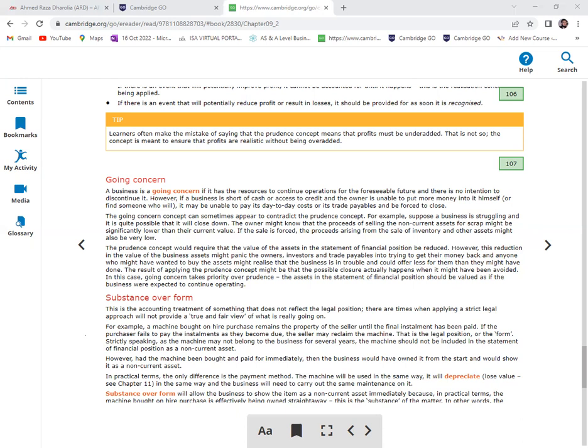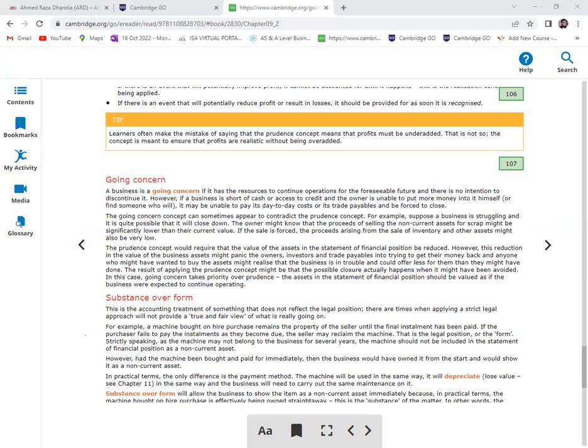This is a clear reflection that this business is going to be closed down at any time, because they don't have profits, they don't have equity, the loans are too much, and they are suffering with finance cost, that is, interest expenses on loans.